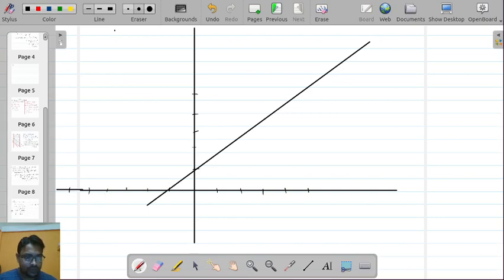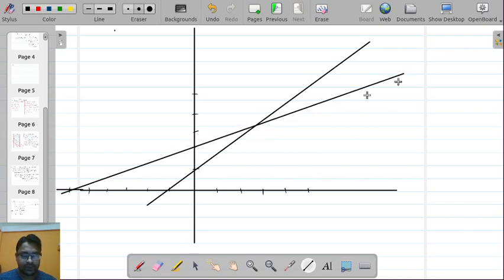Minus 6 is somewhere here, and x2 by 2. So the line will pass through this, somewhat like this. Suppose this is the line.